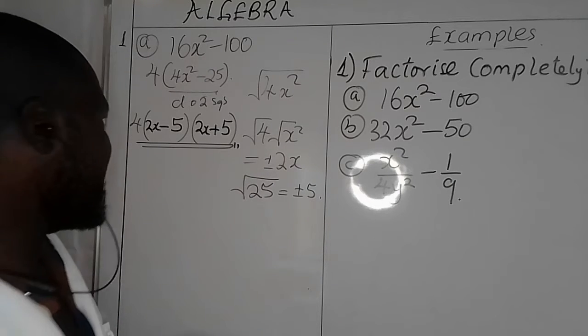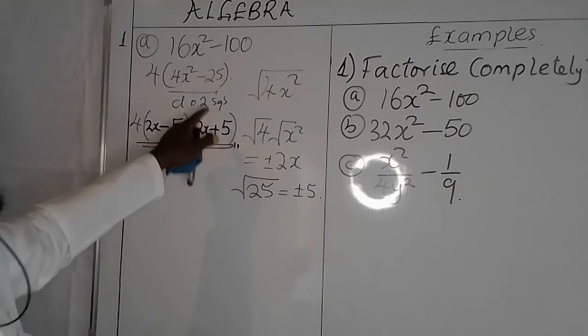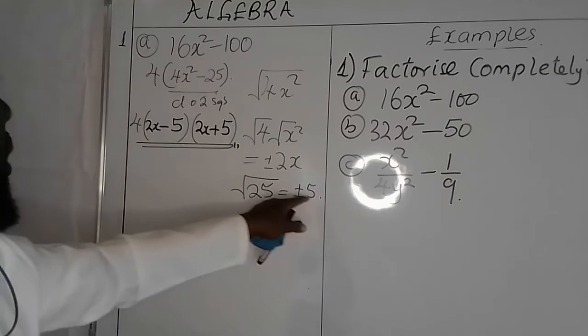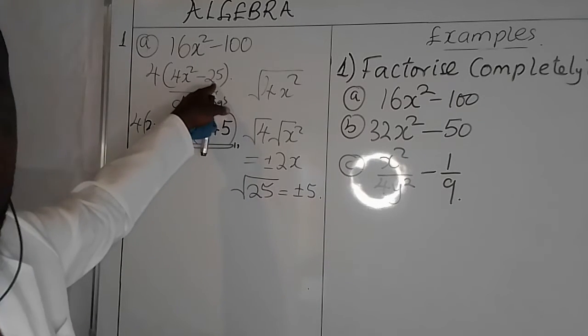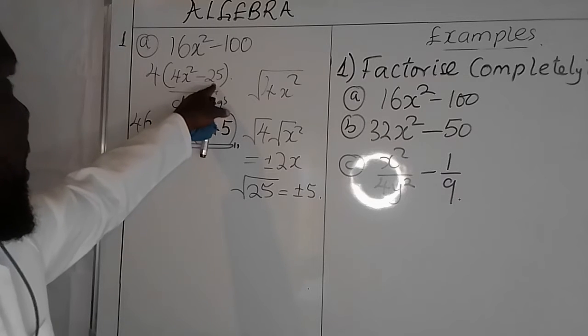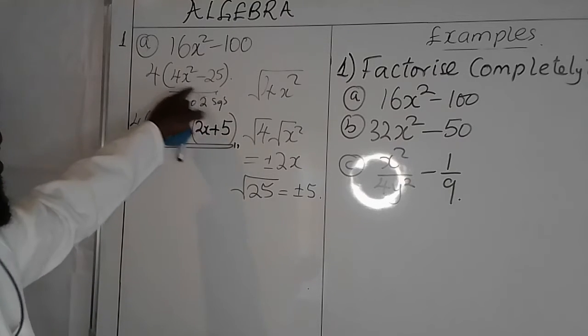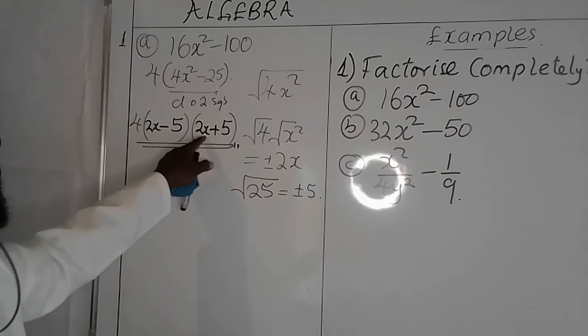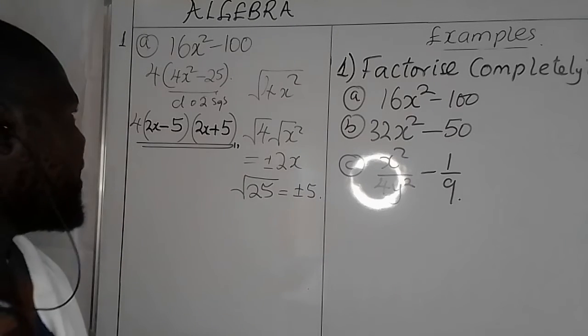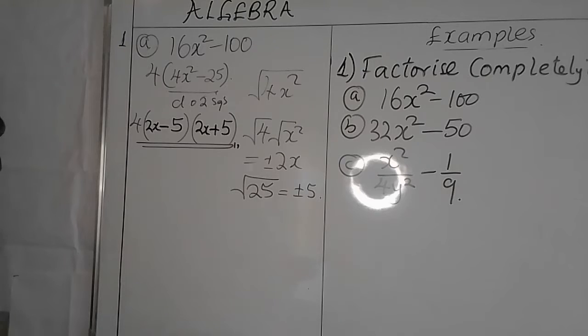The square root of 4x squared is plus or minus 2x, so we write 2x here and 2x there. The square root of 25 is plus or minus 5, so we write the 5 here and the 5 there. Once we do that, we have factorized fully.